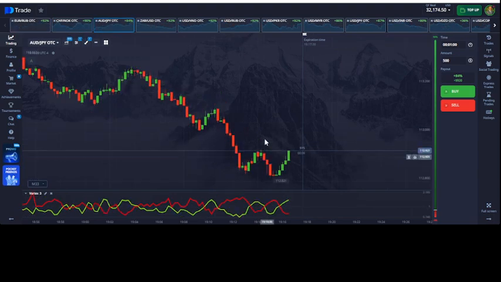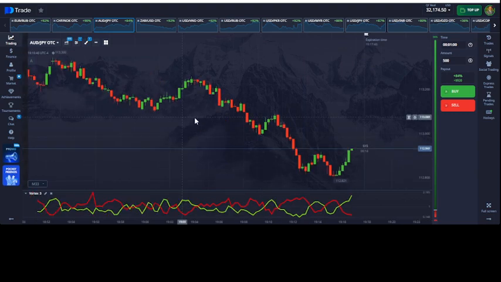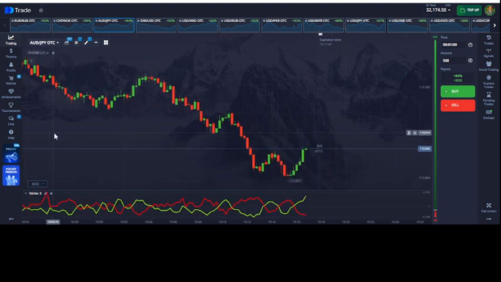There's some good price action happening here, so I'm going to stay on this currency pair and look for trades to take. Like I mentioned, we have some good price action happening here. It's not consolidating or ranging.